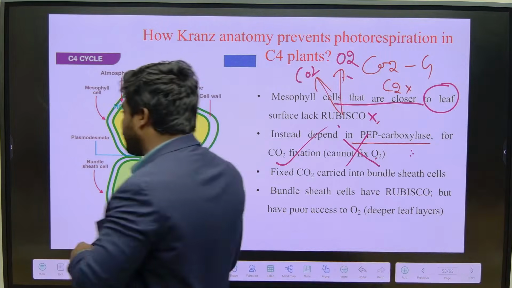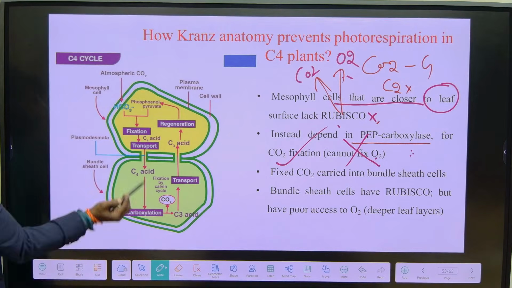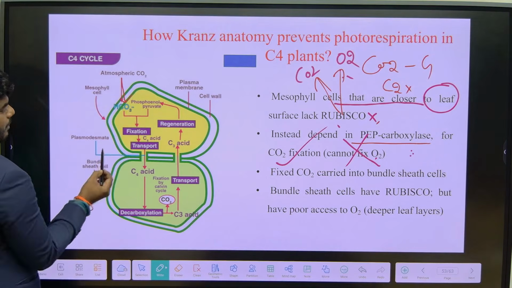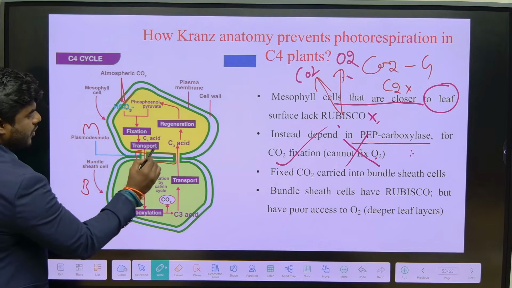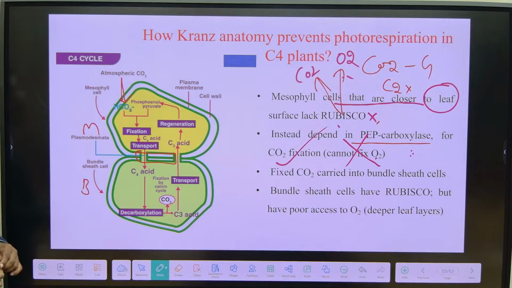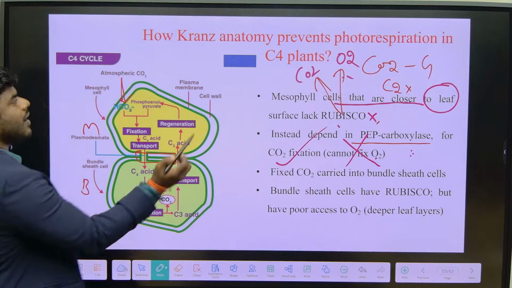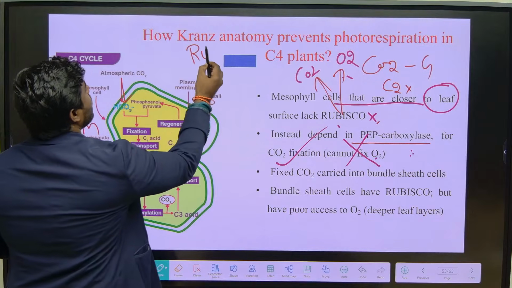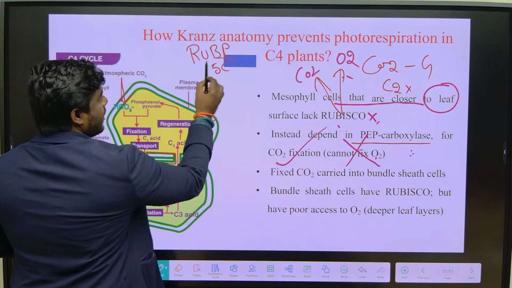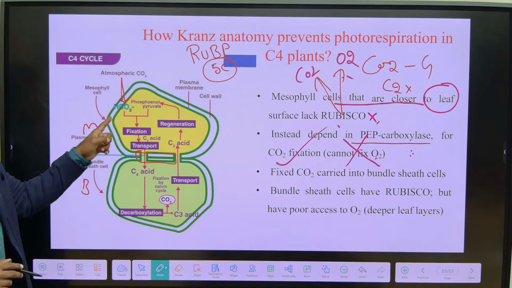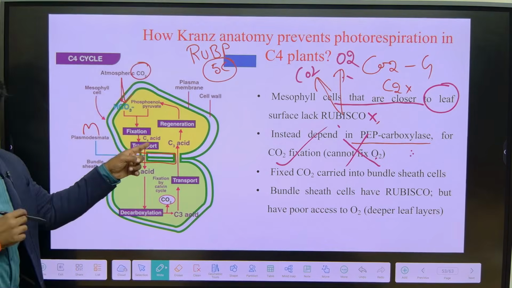Now observe the picture, what exactly is happening here. This is the atmospheric carbon, this is the mesophyll, this is the bundle sheath, and this is the plasmodesmata. Who accepted the carbon in the C3 pathway? Who is the carbon acceptor? RuBP. Correct? How many carbons? 5 carbon. So someone definitely has to accept this carbon in the C4 pathway also.